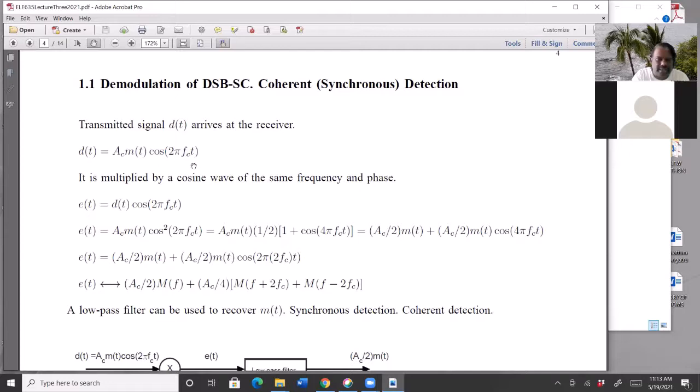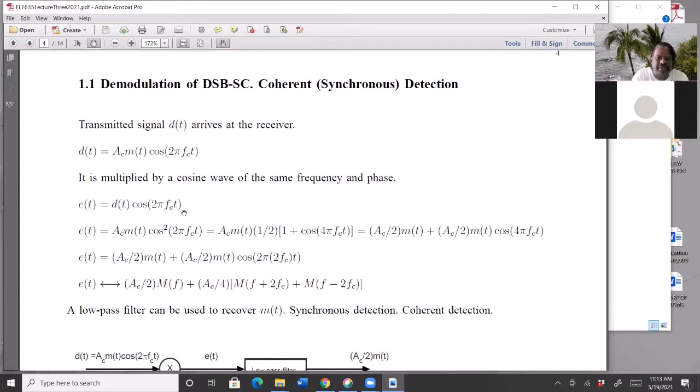So you can see this is the expression for the DSB-SC: message signal multiplied by the carrier signal A_c cos 2 pi f_c t. In synchronous detection, what they do is they produce the exact carrier signal, which is cos 2 pi f_c t, using an oscillator in your radio and multiply the received signal d(t) by cos 2 pi f_c t.